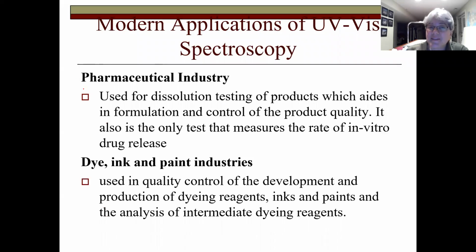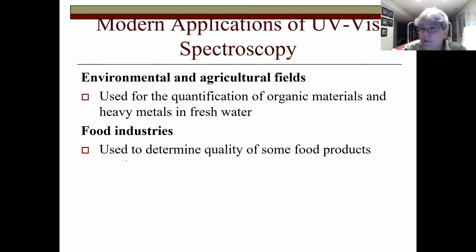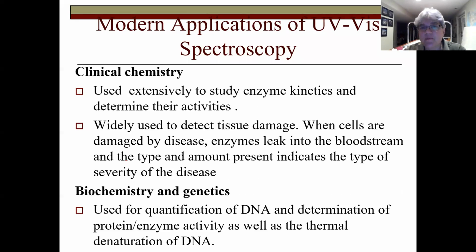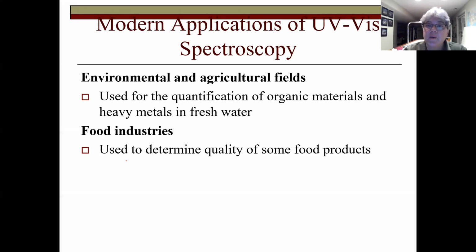It's used in medicines, pharmaceutical. It's used for dyes and inks and paints. It's used in environmental, agricultural fields. It's used for food. And so all of these give you some specifics if you're interested, but just realize widely used methods, a lot of different types of compounds.